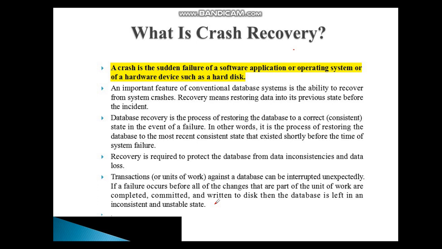So overall, crash means any type of failure in the system, and we need to recover from the crash because the database must be in a consistent state in the event of a failure. For that reason, we are recovering from the crash. So this is the concept of crash recovery.